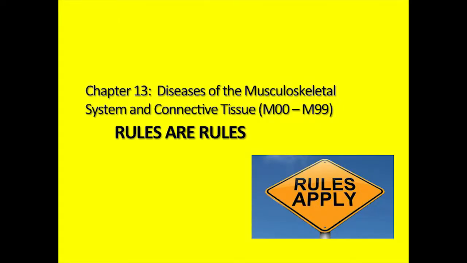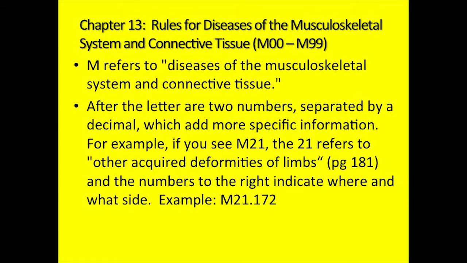Okay, very nice. Okay, now let's go to chapter 13. So we finished with all the general rules, the definitions, and so far you've survived, and you're actually answering the questions correctly. You're not giving me that deer in the headlight look, okay? All right, so chapter 13. Now, M refers to diseases of the musculoskeletal system and connective tissue, and then there are the Mario codes.